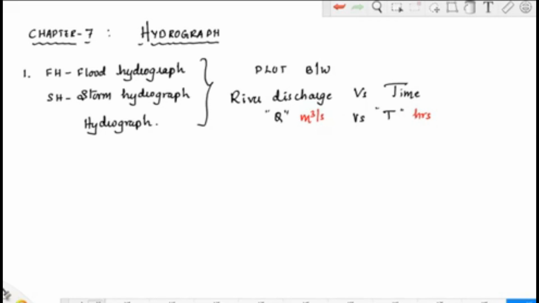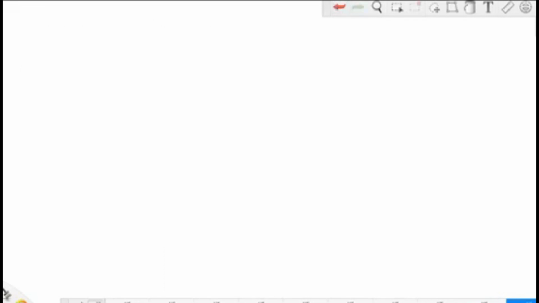Now, let me show you the hydrograph in the next page. See here. Second point, hydrograph.